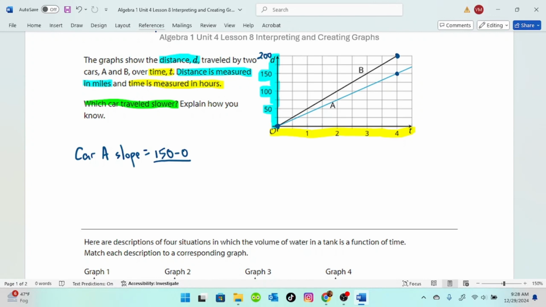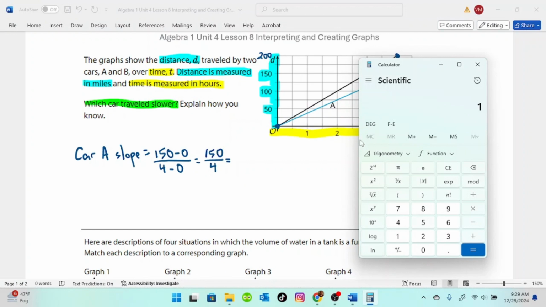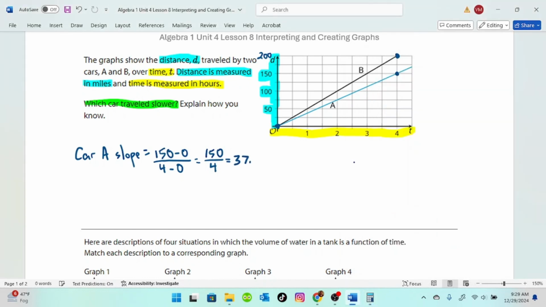That's 4 hours, minus 0 hours. So that's 150 miles traveled in 4 hours. That's 37.5 miles per hour.